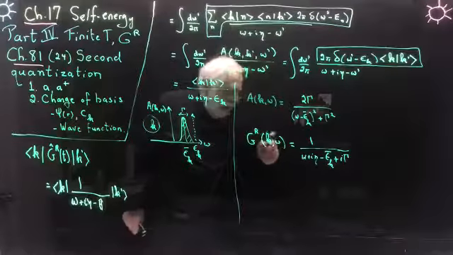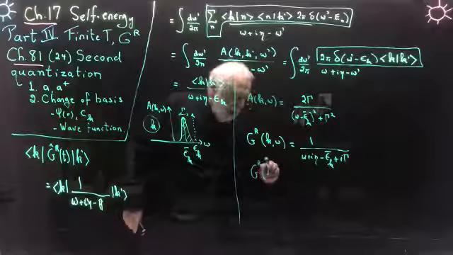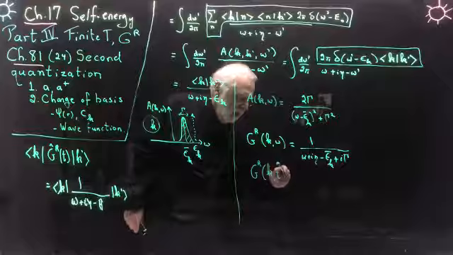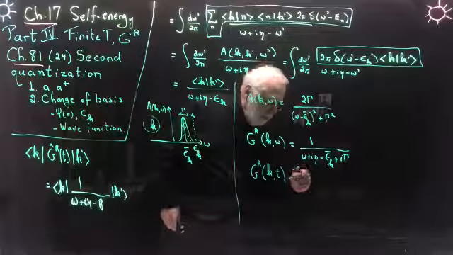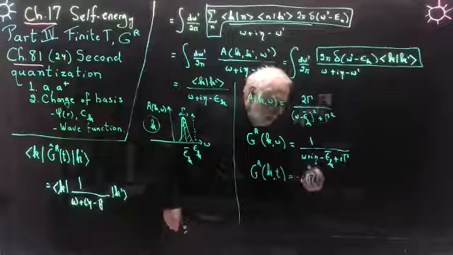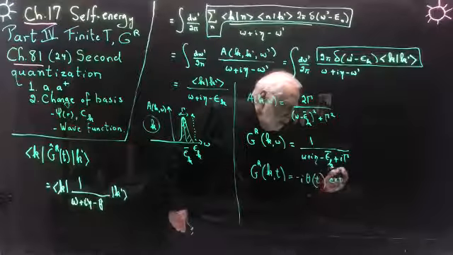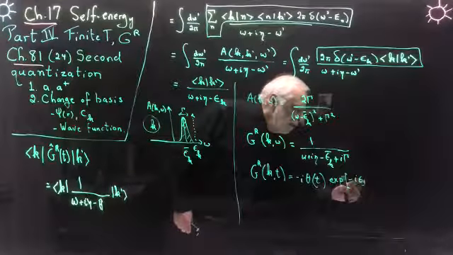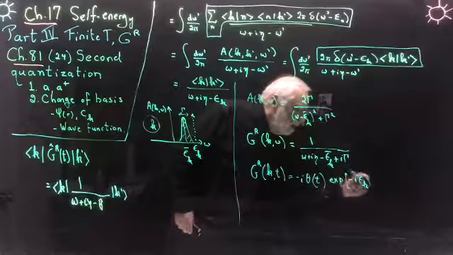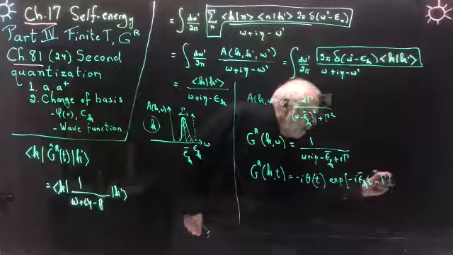If I go to time now, G retarded of k and t is just the Fourier transform of this, and I get minus I theta of t, where theta is the Heaviside function, times the exponential of minus I epsilon bar k t minus gamma t.